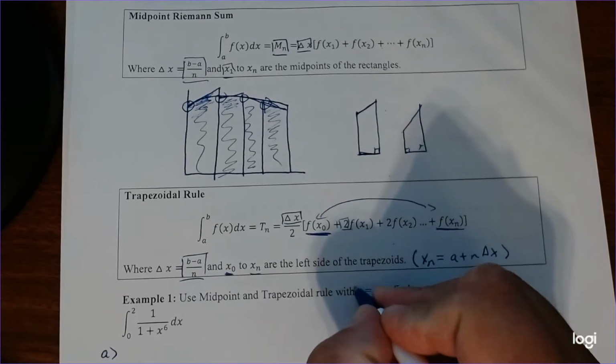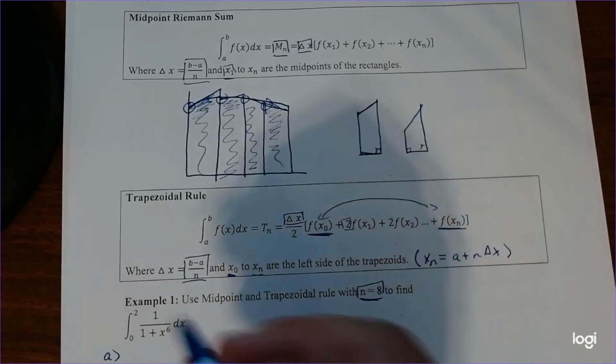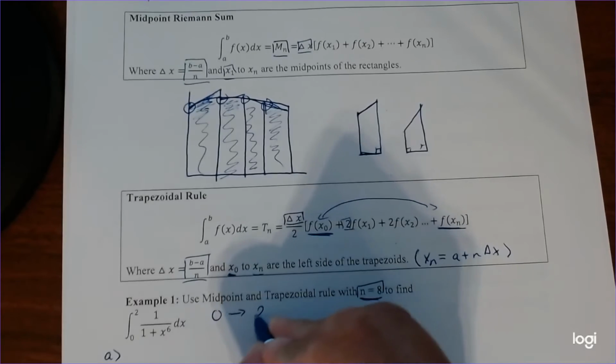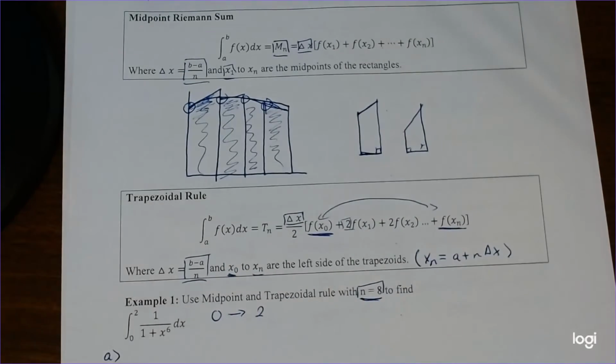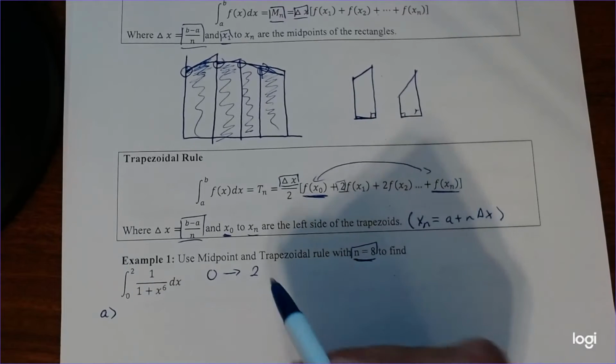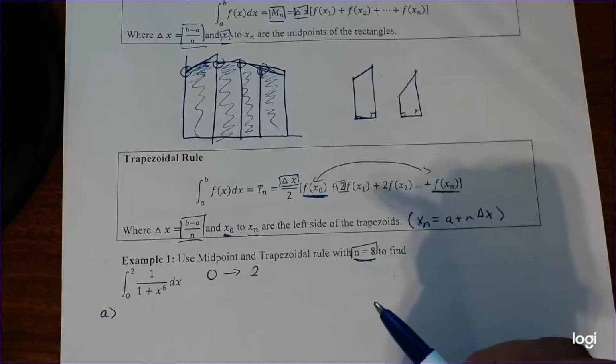We have n rectangles, and we're going to go from 0 to 2. Essentially, we're going to cut this into 8 parts, so just divide by 8. That's 1/4 itself.